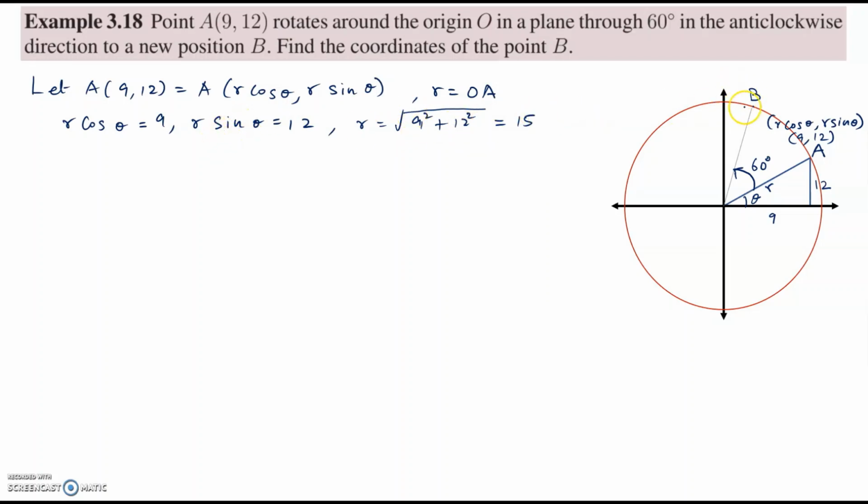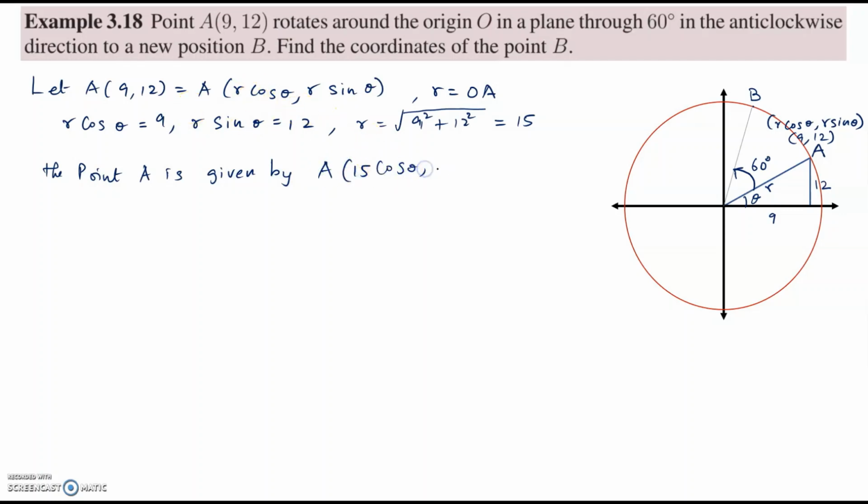Now the point B is, let's first define point A. So point A is now given by (15 cos theta, 15 sin theta), since r is equal to 15.